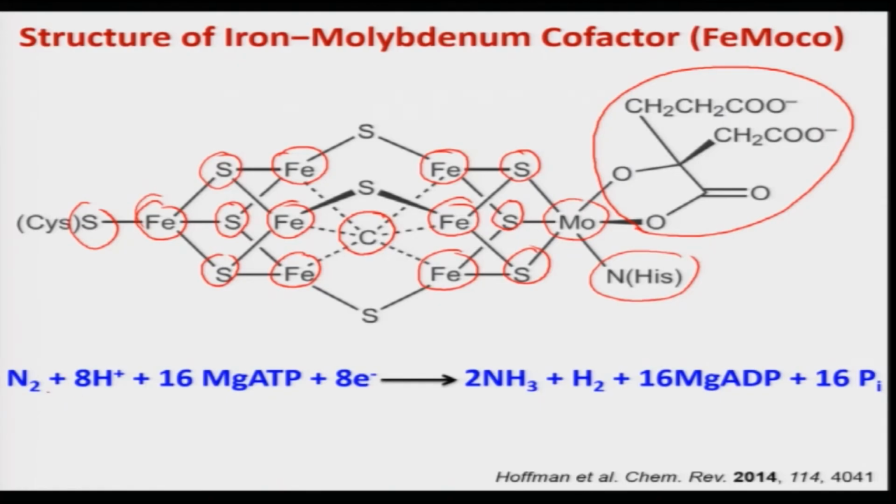You can see that N2 plus 8 H plus, 16 magnesium ATP plus 8 electrons gives rise to 2 molecules of ammonia and a hydrogen and 16 magnesium ADP plus Pi.